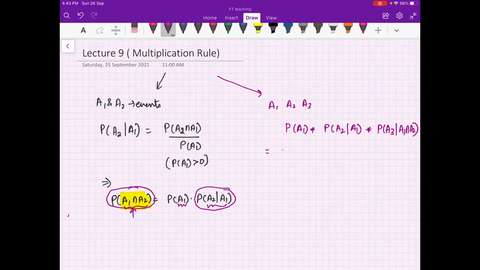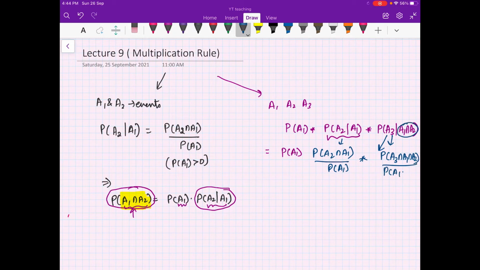Using the definition, this is the probability of A1 times the probability of A2 intersection A1 divided by the probability of A1, times the probability of A3 intersection A1 intersection A2 divided by the probability of A1 intersection A2.